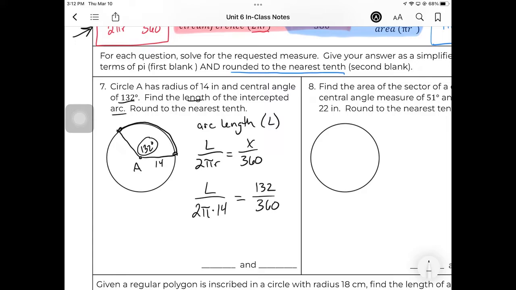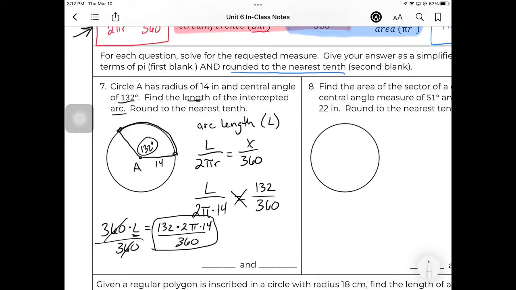So as we progress forward, to solve this proportion, remember, you cross multiply. That gives me 360 times L equals 132 times 2 pi times 14. To get L by itself here, we're going to divide by that 360 to cancel it. Notice I haven't really done any decimal calculations yet. I'm saving all of that up to put in the calculator at one time.